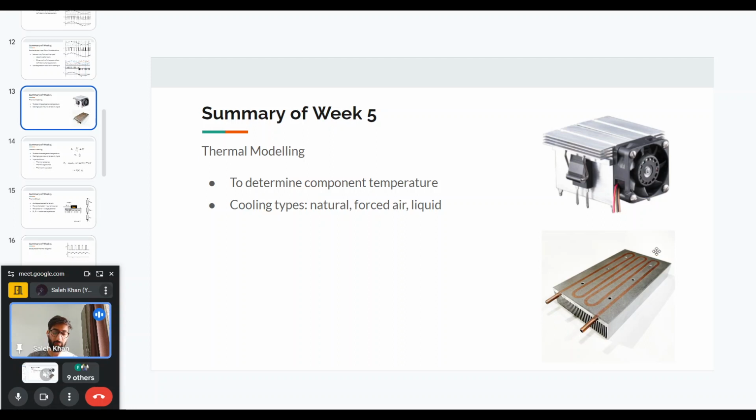As the liquid passes through the channels, it gets heated. It takes away the heat from the heat sink, and then the liquid can be cooled separately, or the liquid has a property that it can cool much quicker. So we can use liquid cooling for very high power losses in high power devices, high power converters.